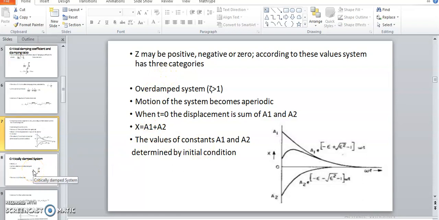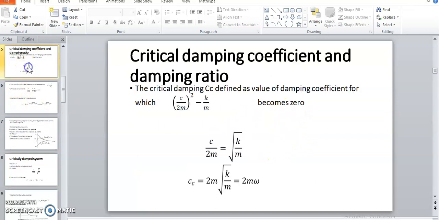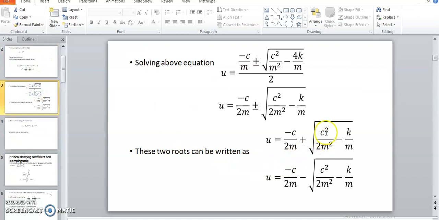Now we slowly move toward the second case, the critically damped case, in which zeta is equal to 1. As soon as zeta is equal to 1, the roots are equal. As we derived earlier, c by 2m is equal to the square root of k by m, so the square root term becomes 0.